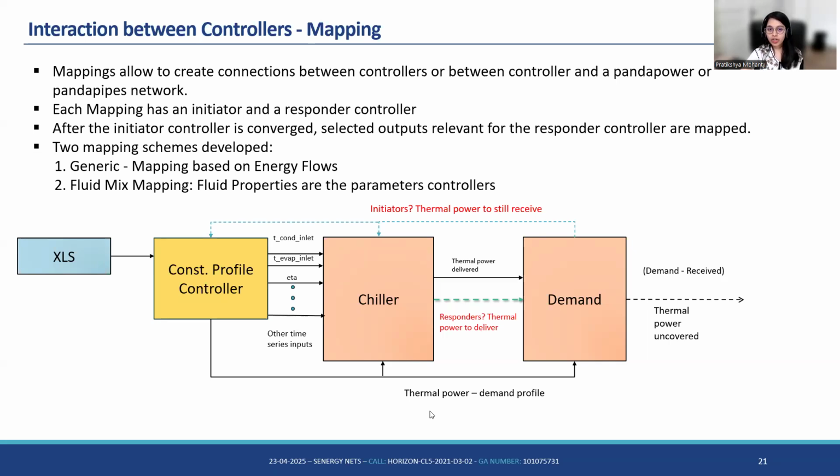It's also important to mention that in this setup, it's always the constant profile controller which executes first, and it's followed by the other downstream controllers. Also important to say is that the initiator controller has to converge, which means that it needs to achieve convergence or execute its control step properly for it to map its outputs to the subsequent downstream controllers.